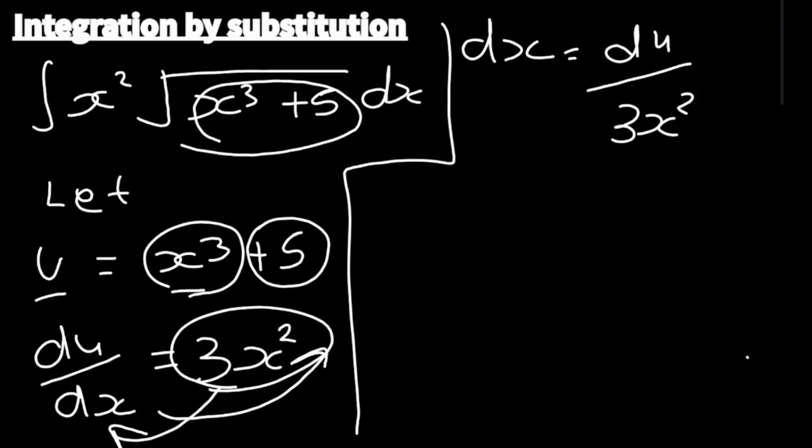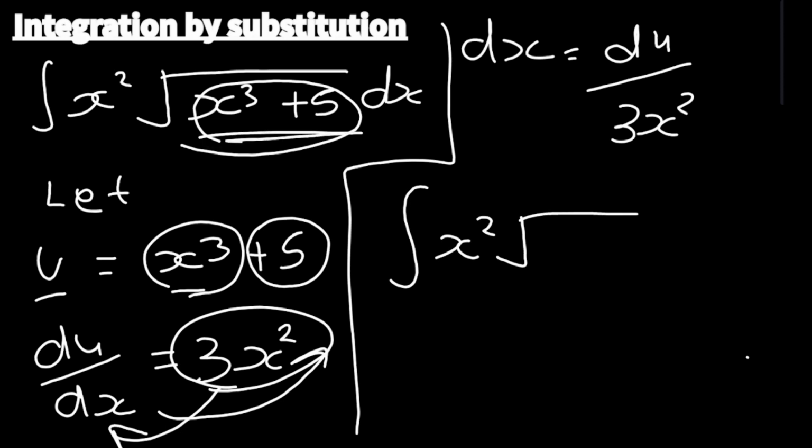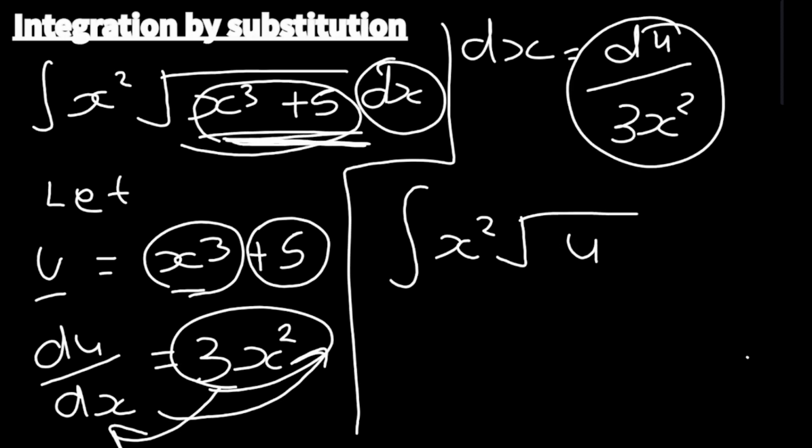After finding the derivatives, now you can substitute everything in our initial integral. What was our initial integral? x squared root, now this will be replaced by u, and our dx now becomes du over 3x squared. The x squared can cancel out with the x squared.